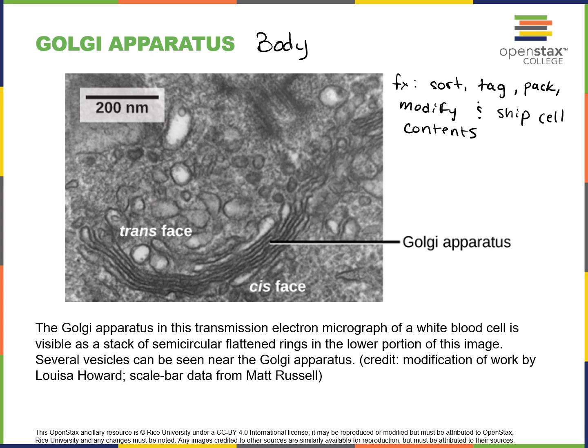You can kind of think of the Golgi apparatus as your cell's Amazon shipping plant. Okay. The Golgi apparatus has vesicles. Vesicles are just these small kind of bubbles.